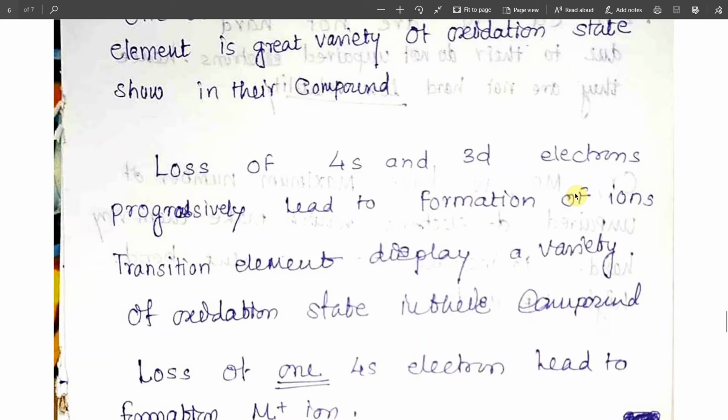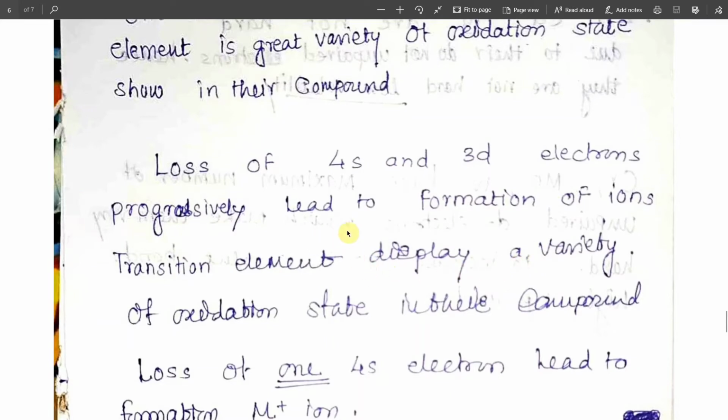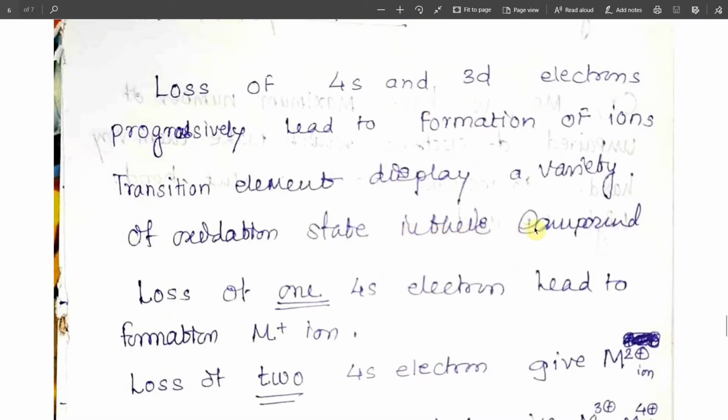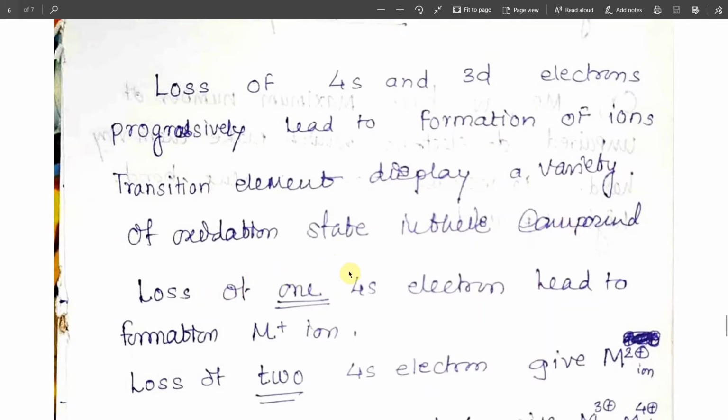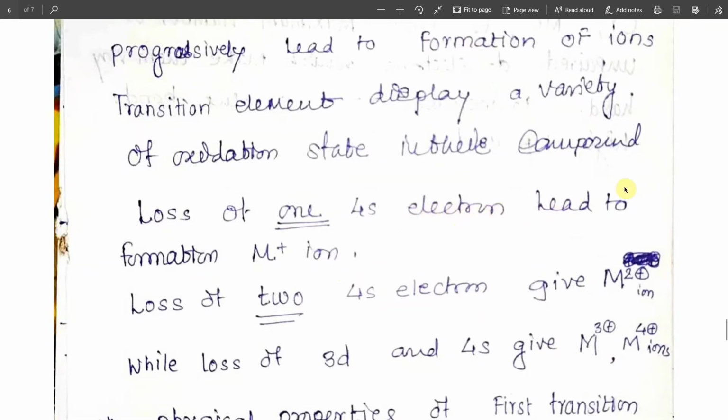Loss of 4s and 3d electrons progressively leads to the formation of ions. When a transition element loses electrons, ions are formed. These are the cations.